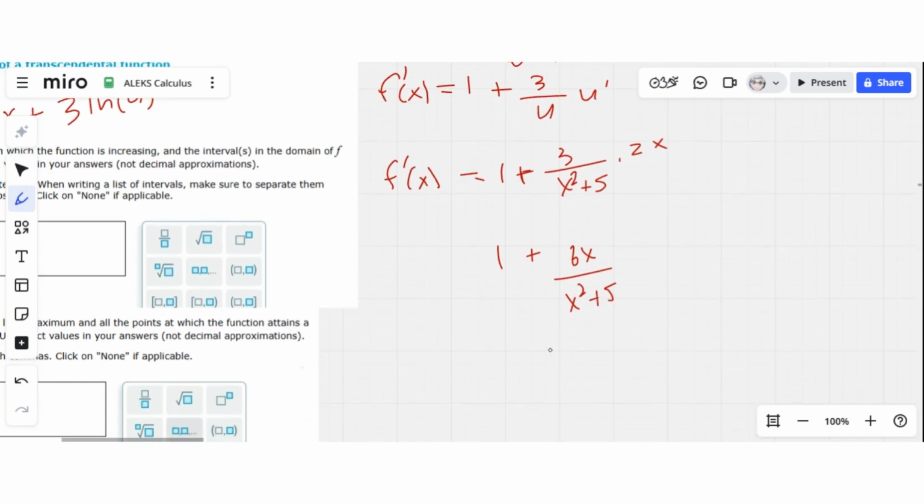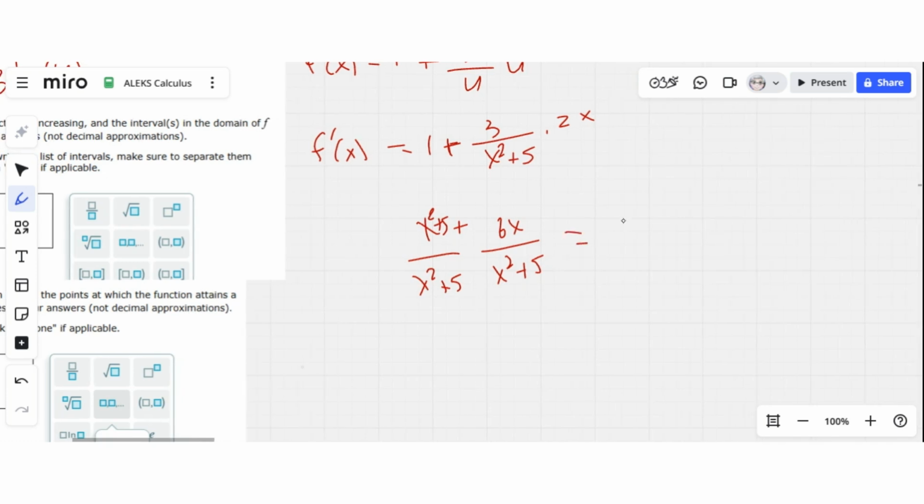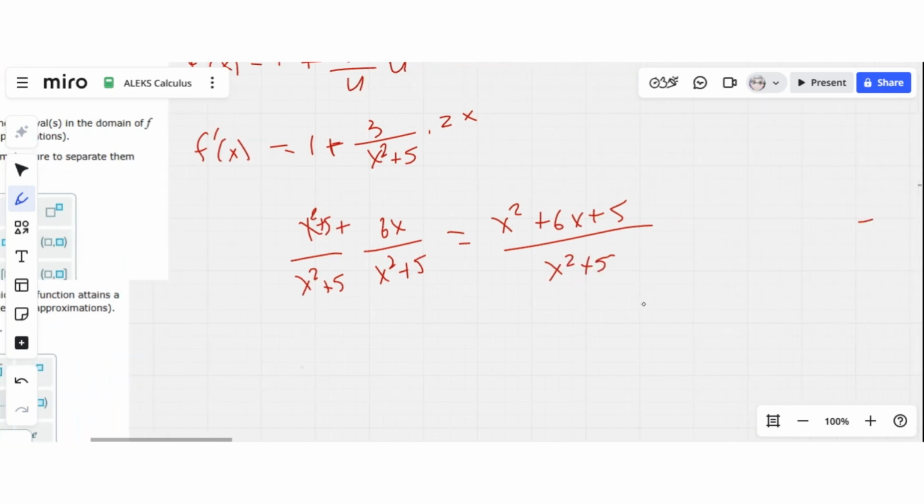That'll work, except I think I want to actually make this one quotient. So what I'm going to do is change the 1 into x squared plus 5 over x squared plus 5 and add that all together. And we're going to get x squared plus 6x plus 5 over x squared plus 5. Now, when we're looking for the critical points, I don't think there's any place this can be undefined. It's always going to be positive in the denominator.